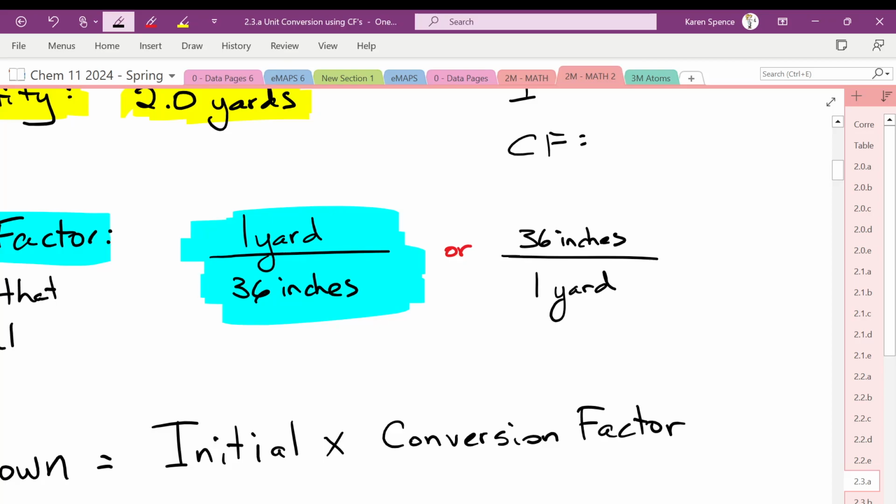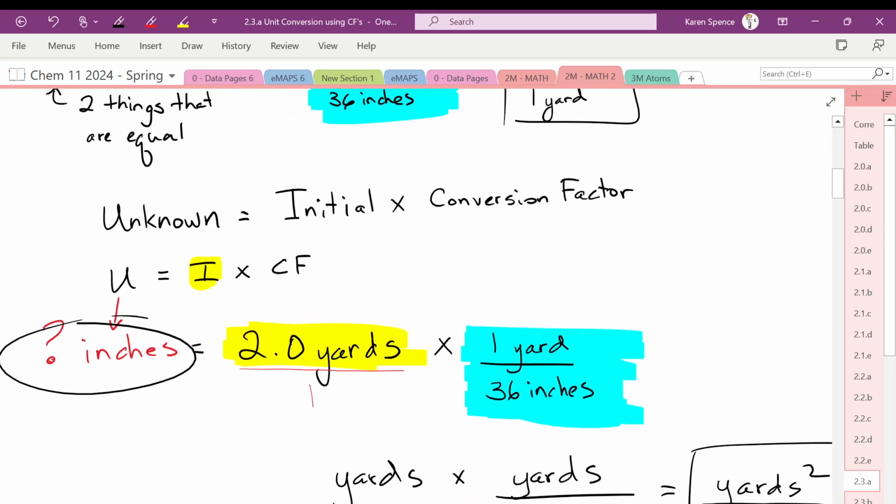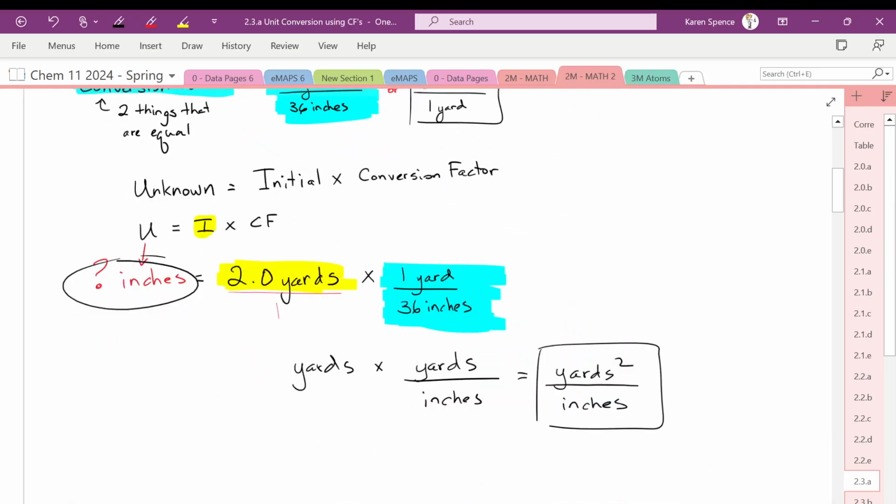And I need to pick the format that will cause my units to work out properly. Okay? So let's take a look at this again and let's try the other version of the conversion factor and see if that does us a little bit better.